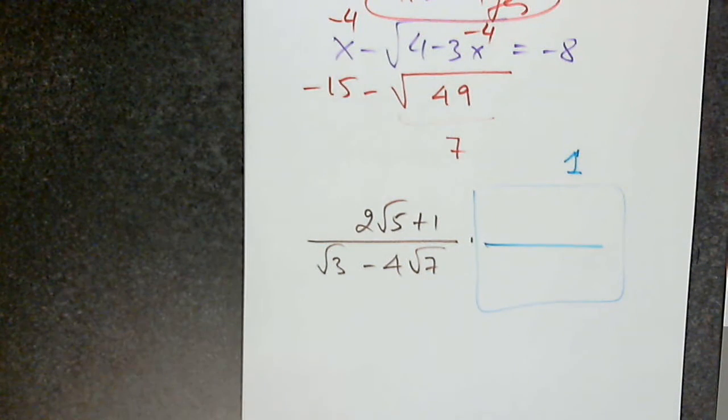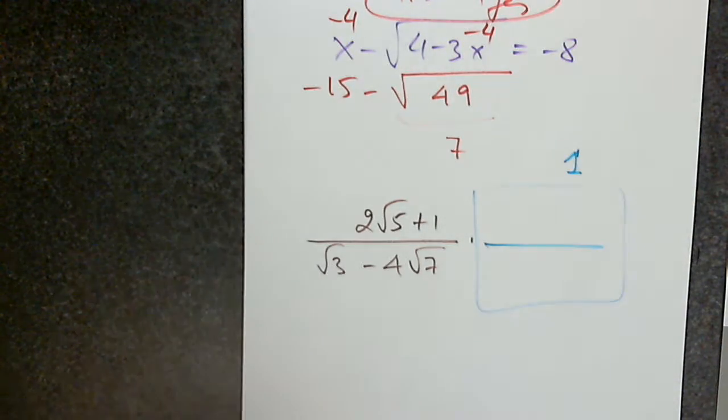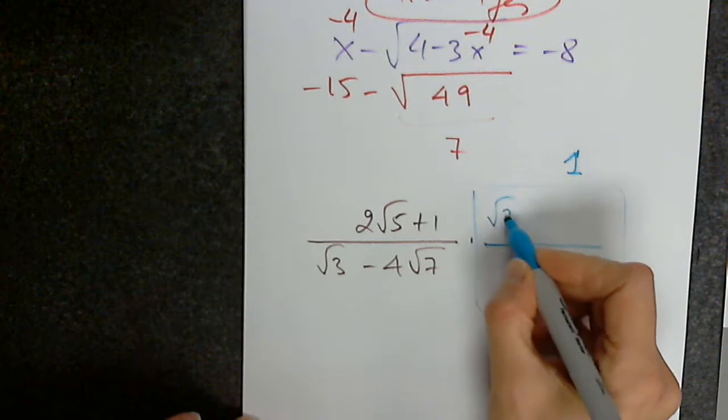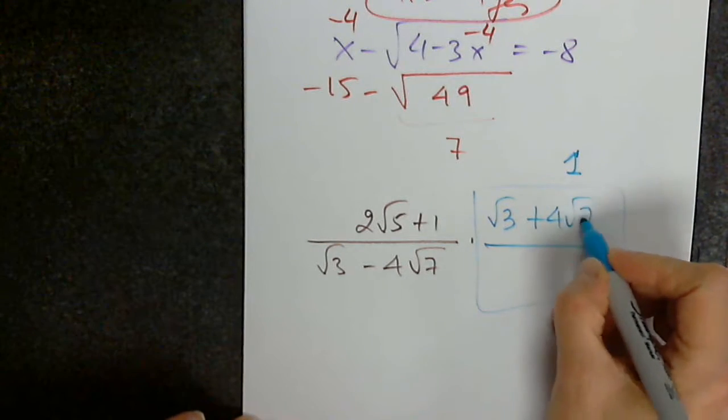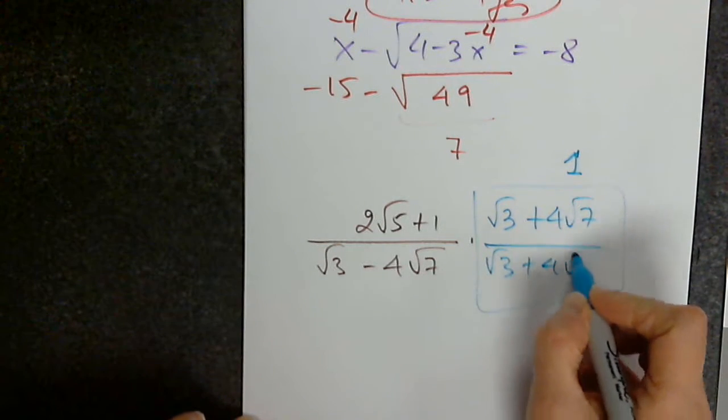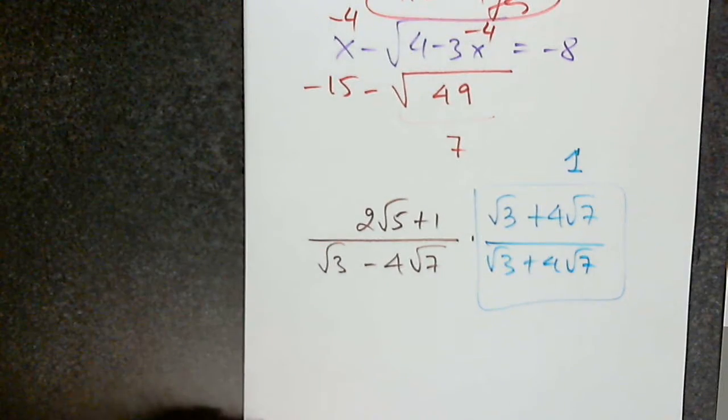Remember, it's the same with dividing complex numbers. Same idea. When I rationalize, I think of dividing by a complex number. Similar. The opposite, right? The conjugate, it's called, but I know what you mean. So I have square root of 3 plus, exactly. Because remember, we have an agreement on this.